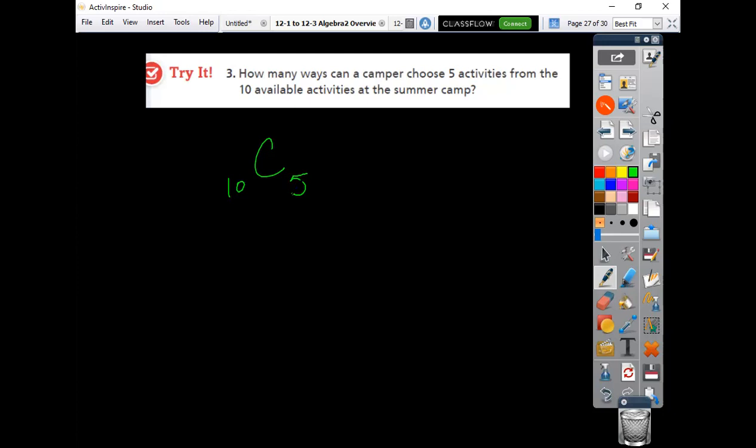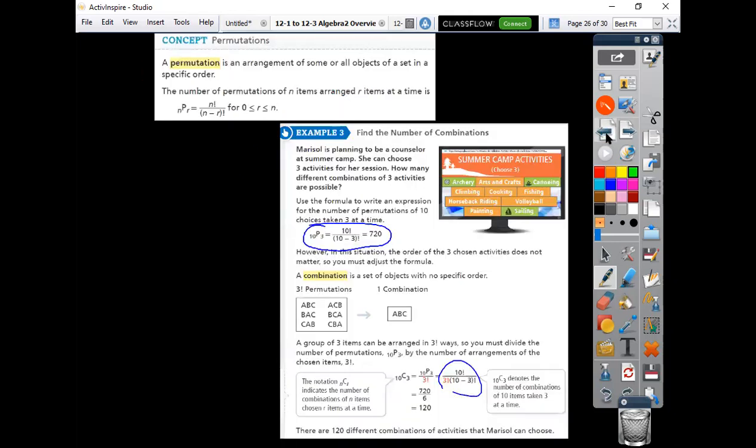And you could do this right in Desmos like that, or you can do the 10 times 9 times 8 times 7 times 6 possibilities. And then the order doesn't make a difference, so you've got to divide out the 5 factorial ways of rearranging those. And again, that's this combination formula right here.